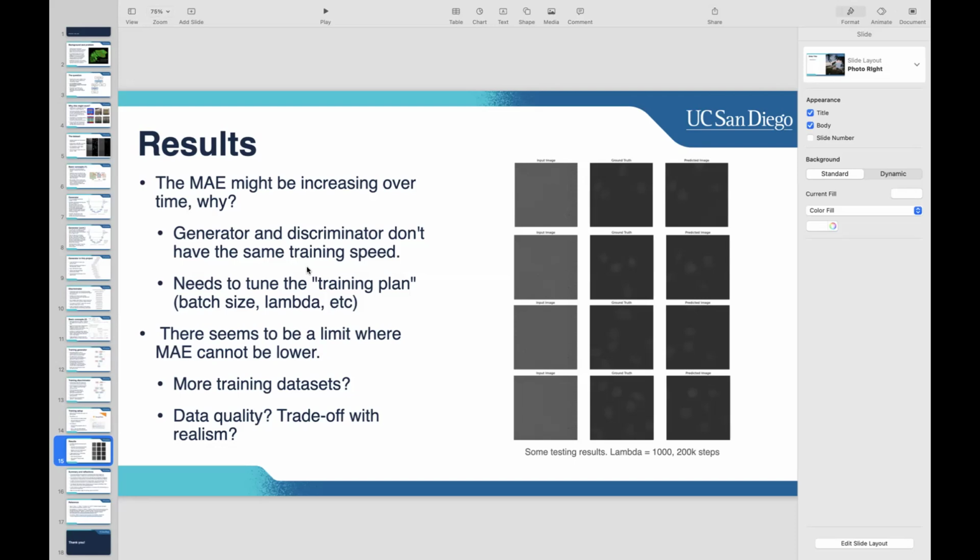So to make this training more efficient, we have to tune the training plan. So basically the batch size, the lambda, or maybe even the data set. And there seems to be a limit where the MAE cannot be lower. And MAE cannot be zero, that's for sure, because after all, this is the predicted image, not the ground truth.